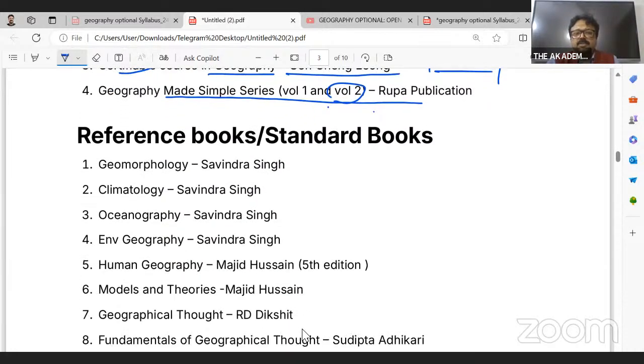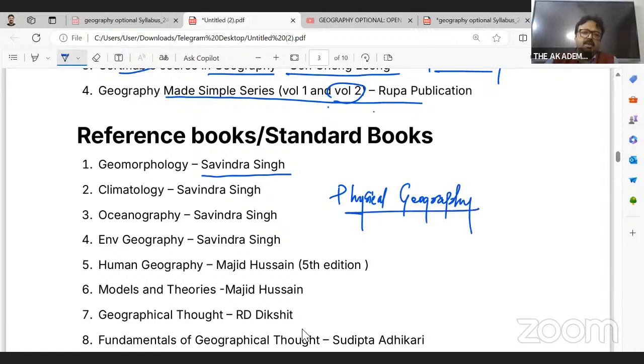Then come to reference book, and I will suggest not all the geography of this. ये मेरे गुरु जी भी हैं सविंद्र सिंह सर, but I will recommend that there is a book physical geography by Savindra Singh, and this physical geography will give you the entire coverage of geomorphology, climatology, oceanography, and part of biogeography.